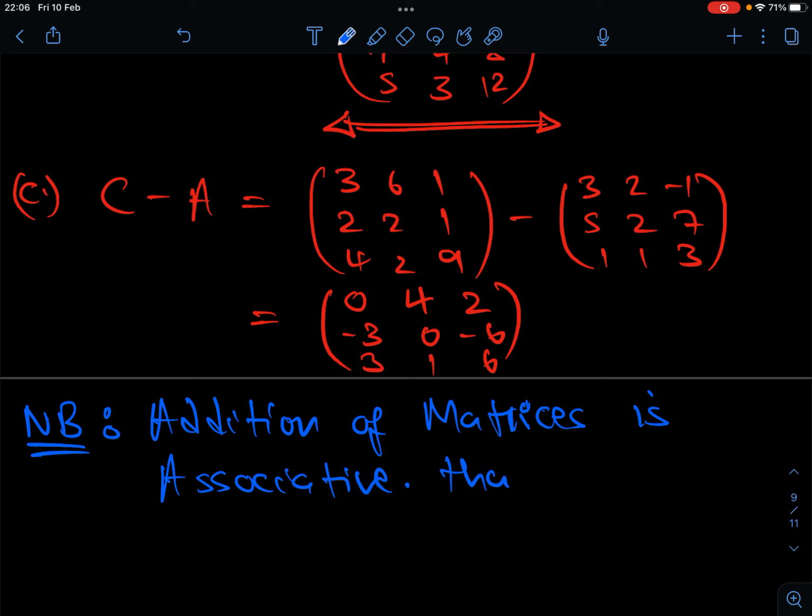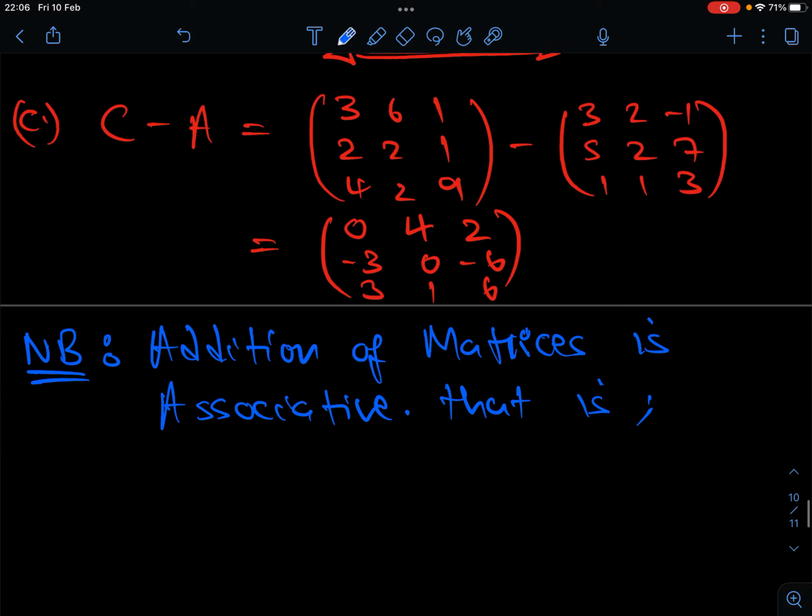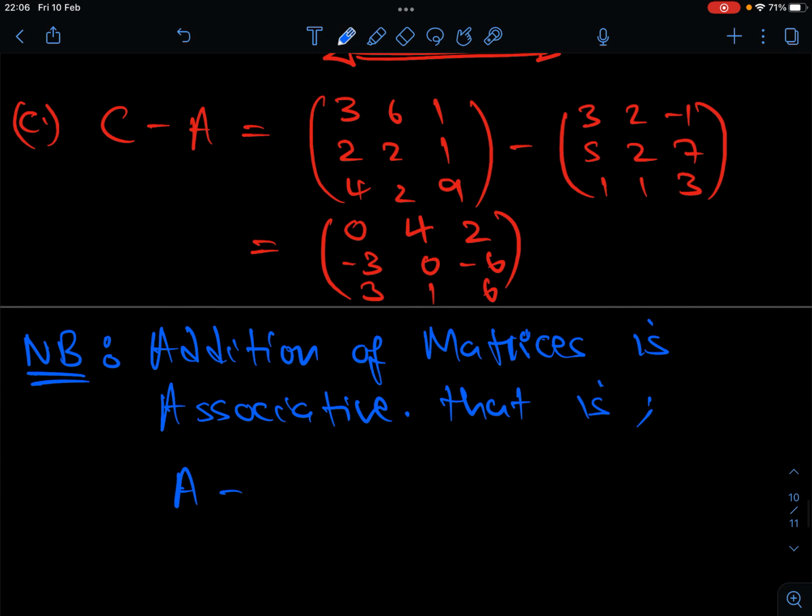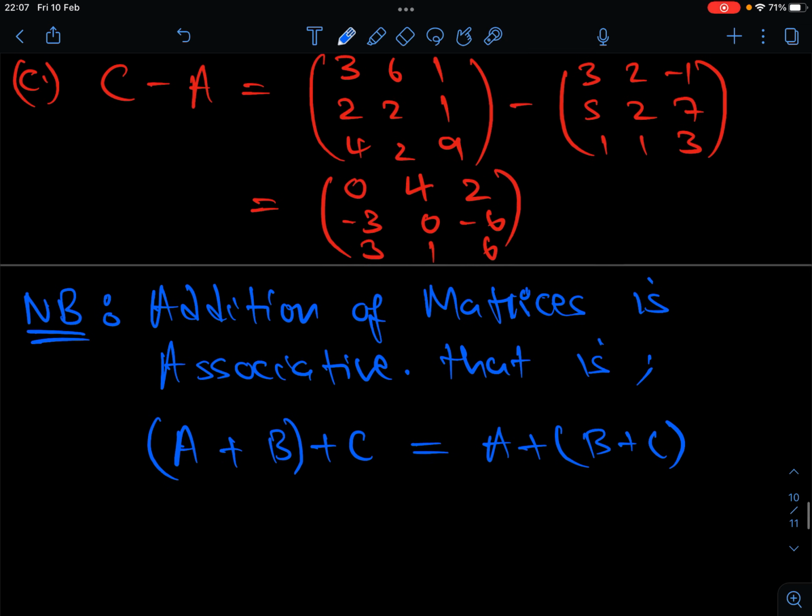That is, if you take A plus B plus C, adding A to B and then to C, it is the same thing as A plus the sum of B and C. Which means if you're adding a chain of things, it doesn't matter which two you combine first, the result will always come out the same.